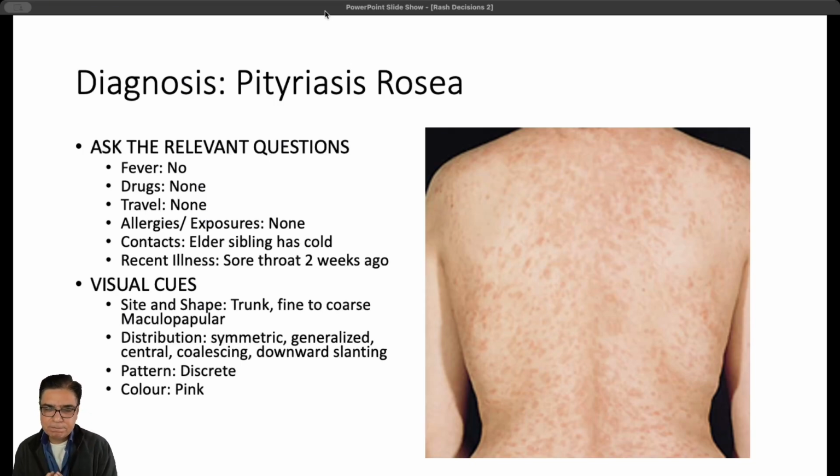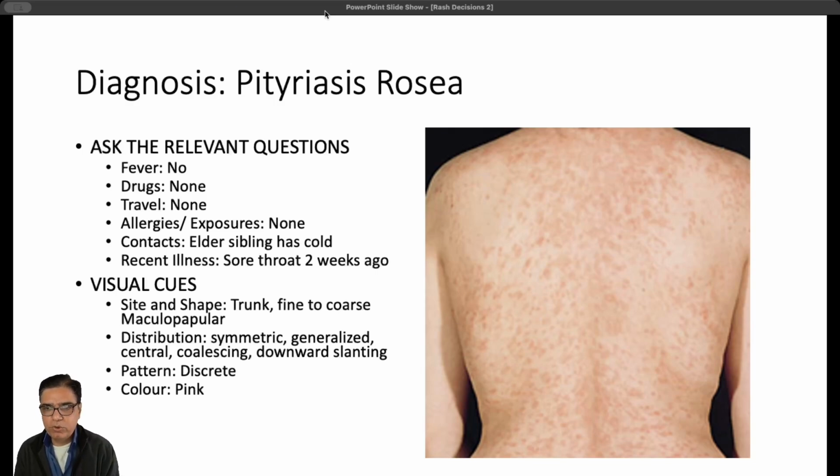Now the thing is that sometimes a slight change in the history would altogether lead to a change in the diagnosis. What if I tell you that this child had a history of taking some medications a couple of days ago, and the same type of rash appears?